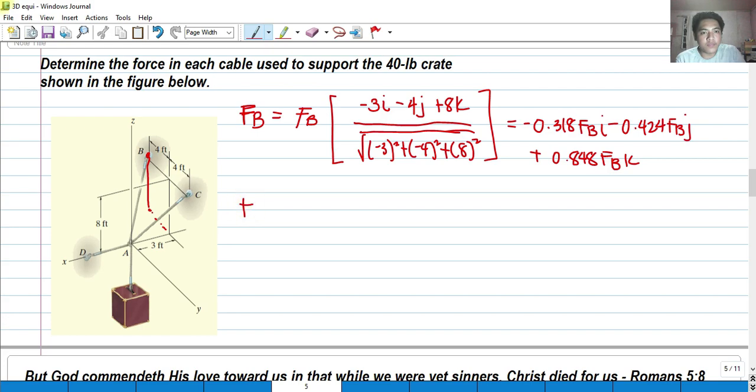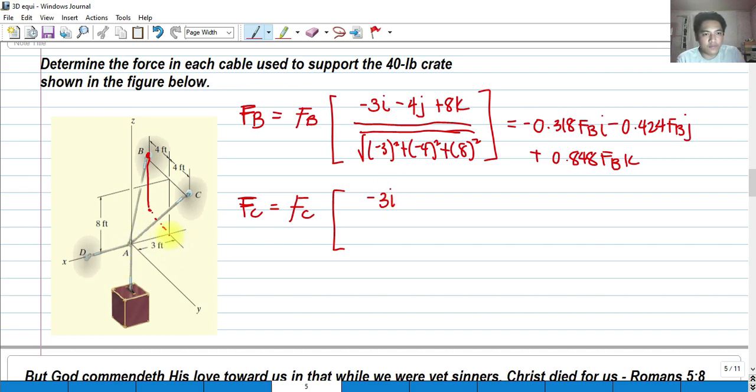How about for F sub C? Still the same process. If we want to get the force, the vector F sub C, that is the scalar component F sub C multiplied by its unit vector in the direction of F sub C. So we have 3 feet, that is still negative 3i.